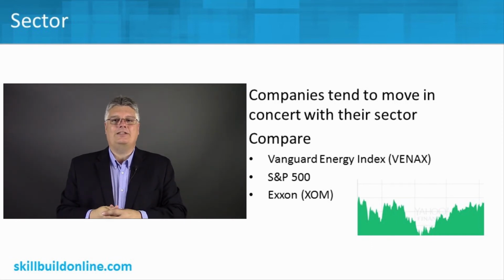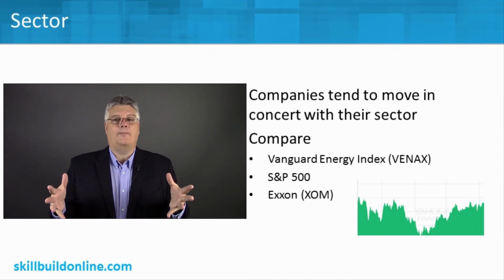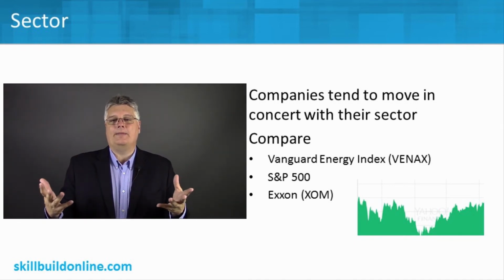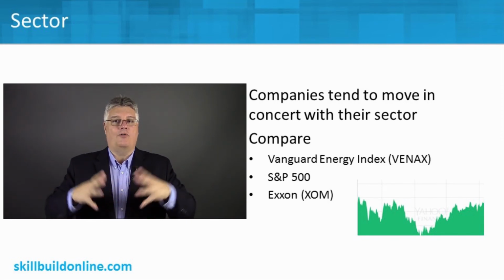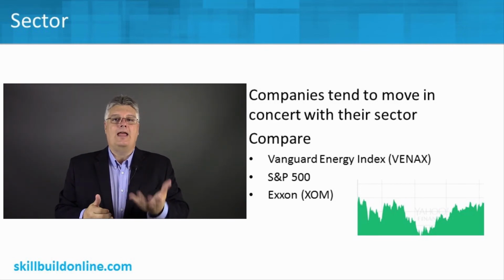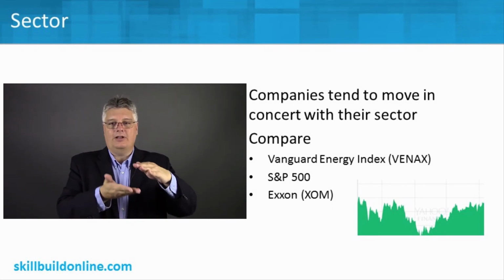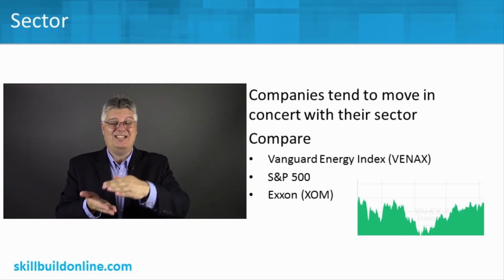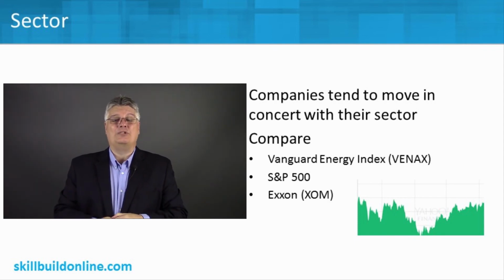So if we look at, let's say, the Vanguard Energy Index, which looks at energy companies, you might see how that index compares to the wider S&P 500 largest companies of all different types of sectors. Might be a little variance, but if you're Exxon, an energy company, and you're part of that energy index, you're going to tend to move in concert with the index, and maybe not as much in concert with the overall S&P 500 fund, but even still, all those things go together, especially now that we're in a more global economy.